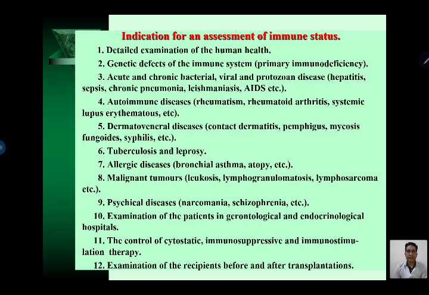The 10th point is examination of patients in gerontological and endocrinological hospitals. The 11th point is the control of cytostatic, immunosuppressive and immunostimulation therapy. The 12th point is examination of the recipient before and after transplantation.